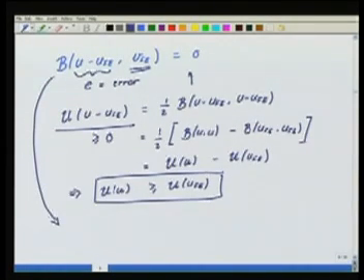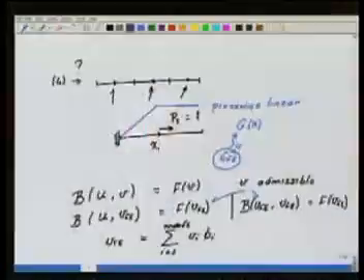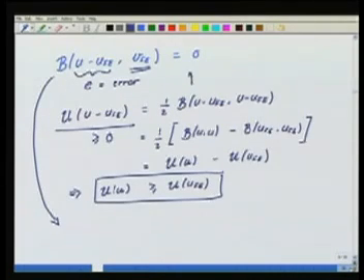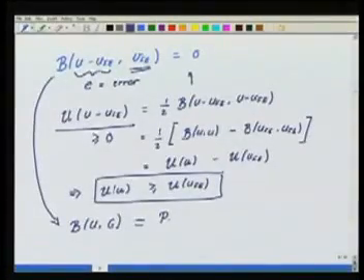Let us come back to our previous problem. If I take this load, then for this, B(u, G) will be equal to, if you work it out, P1 times u at the point x equals xi.